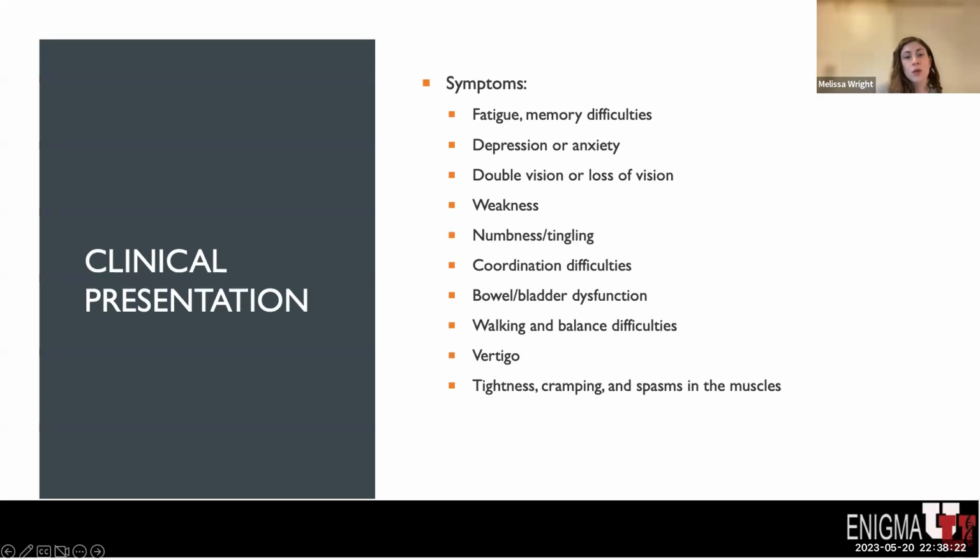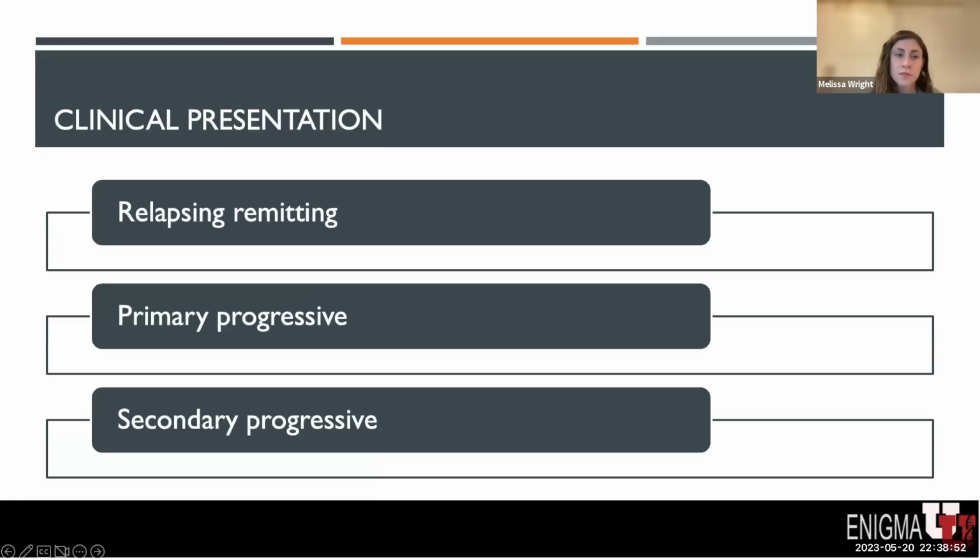These symptoms may include fatigue, memory and cognitive difficulties, mood disorders such as depression and anxiety, double vision or loss of vision, weakness, including paralysis of one or multiple limbs, numbness and tingling, coordination difficulties, bowel and bladder dysfunction, walking and balance difficulties, vertigo, and tightness and cramping, or even spasms in muscles.